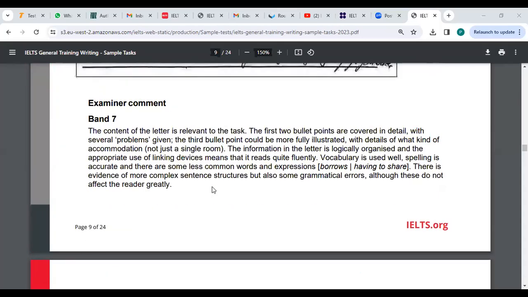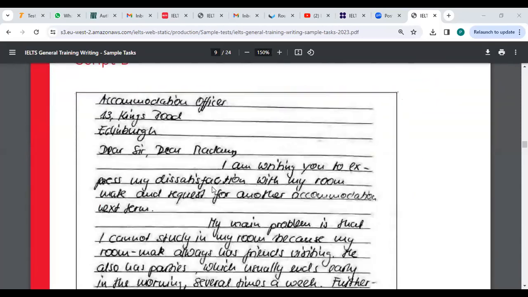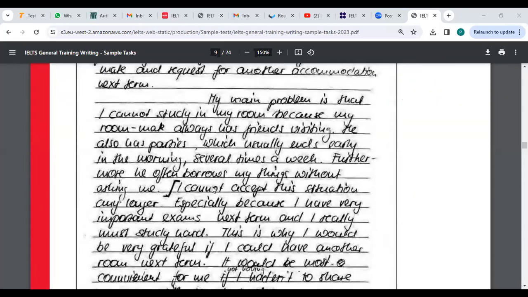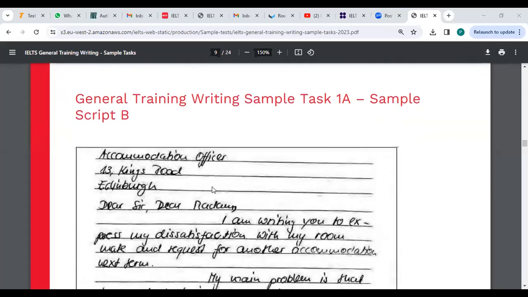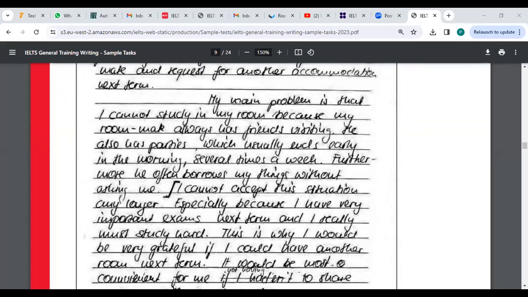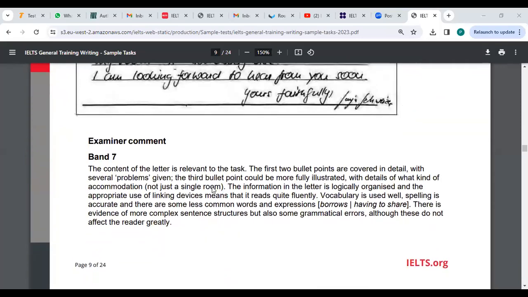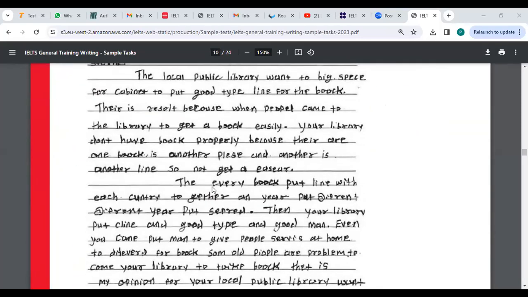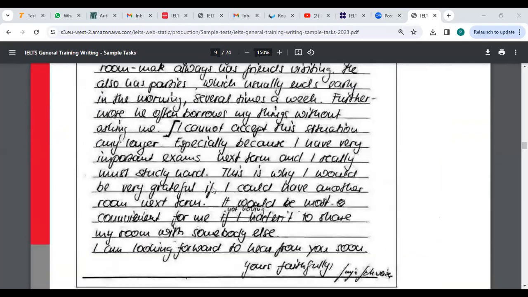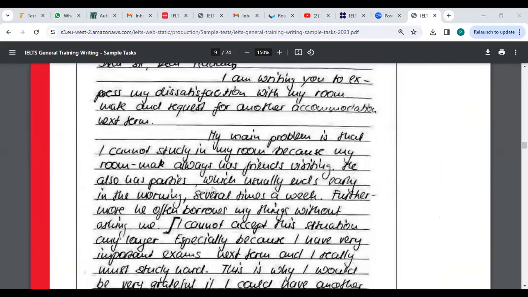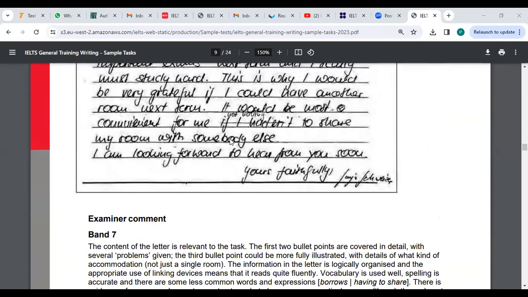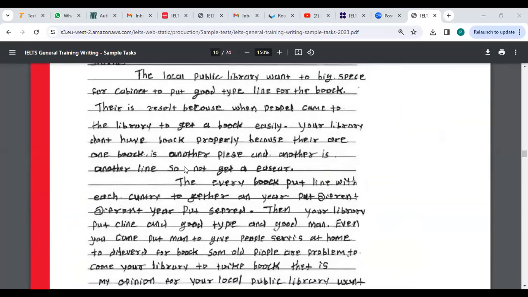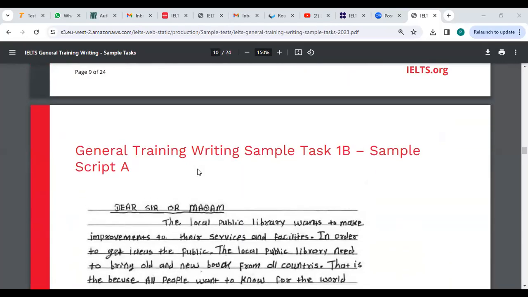Okay, so ladies and gentlemen, I want to ask you a question. Don't answer me. Between the first letter, the structure, everything, spelling, punctuation, the first letter, band 7, the second letter you are seeing now, band 3.